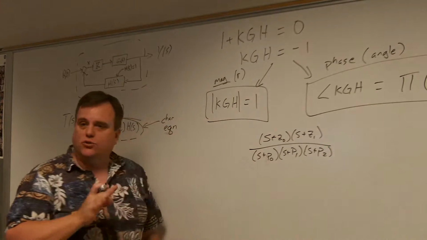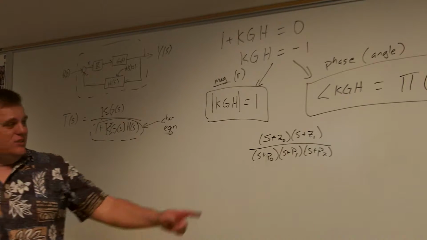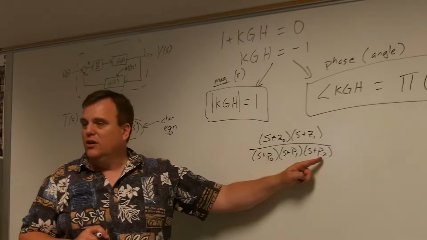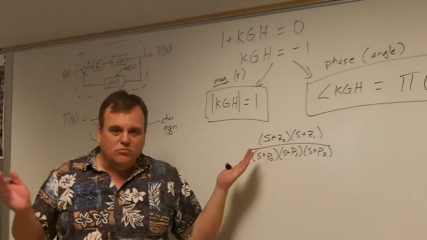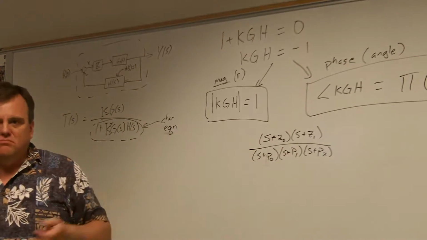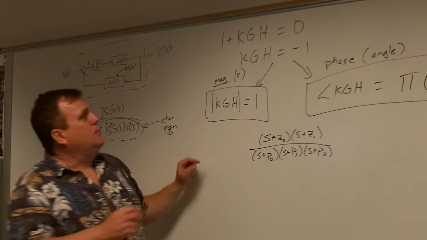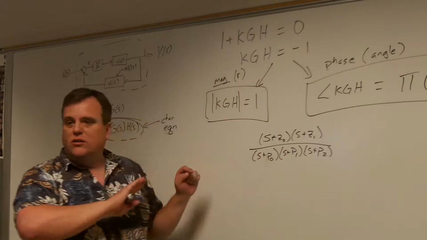I'll just do a simple case where they were all nice little discrete poles. Realize that some of these poles could actually be complex conjugates of each other, in which case you get oscillations and stuff, but what do I care about that? So this is what your G looks like.